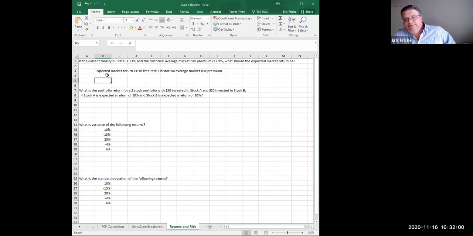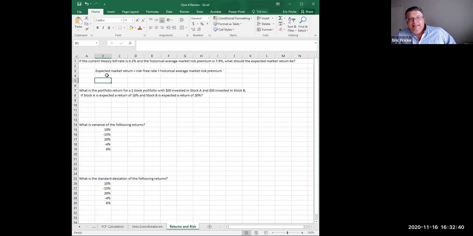Because what we did is we looked at historical returns and the holding period return equation and history of returns. But what do you do when you want to look forward into the future? And so this kind of starts going toward chapters 12 and onward, where we start making assumptions about the future and what the cost of capital or opportunity cost of capital should be. And this is kind of where it comes from. It's this expected return that's made up of the risk-free rate plus a risk premium.